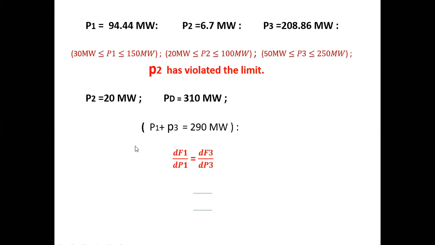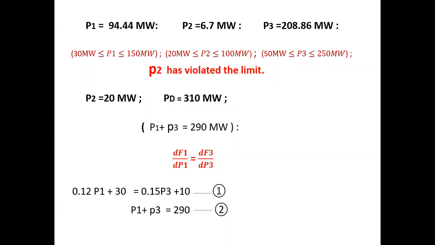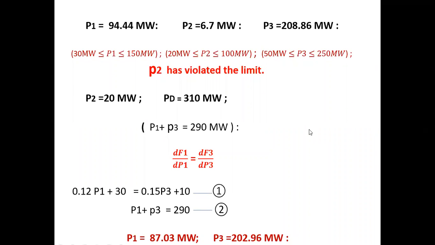By using the same formula. Convert into equations and find P1 and P3. So this is the procedure we are following for solving these types of problems. With this, I will wind up this session.